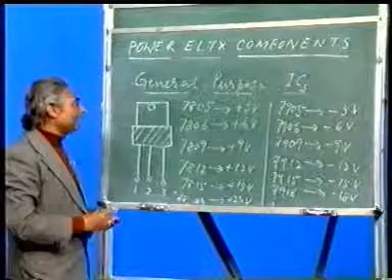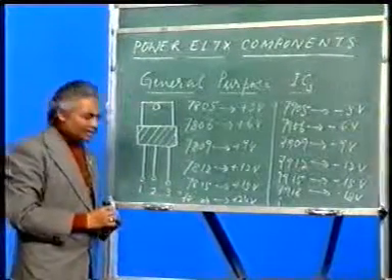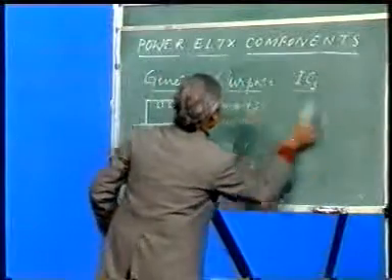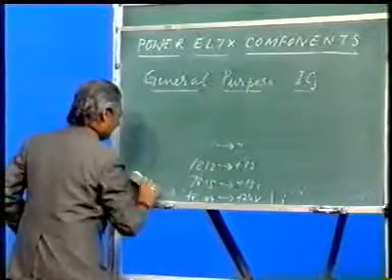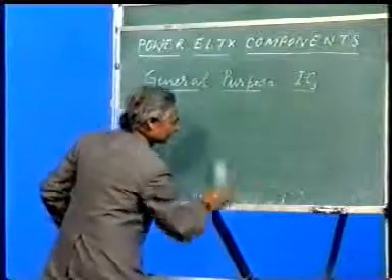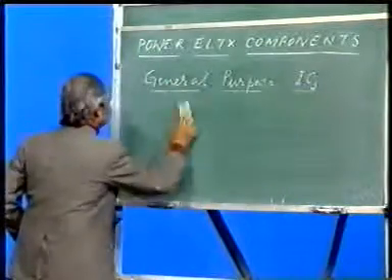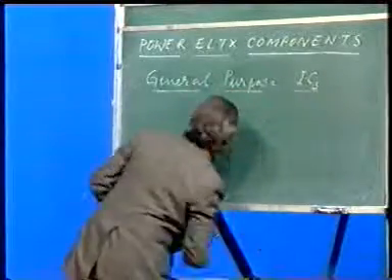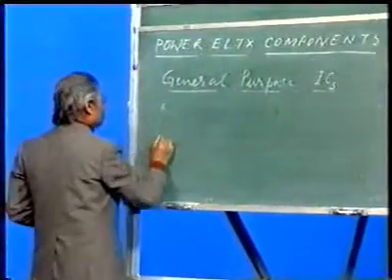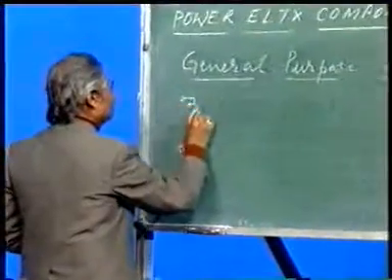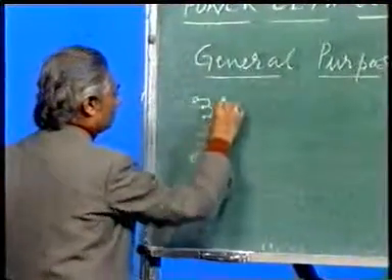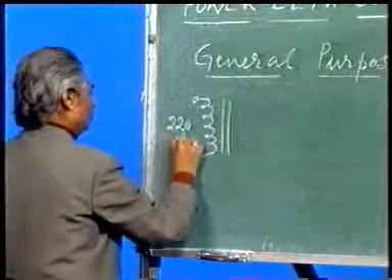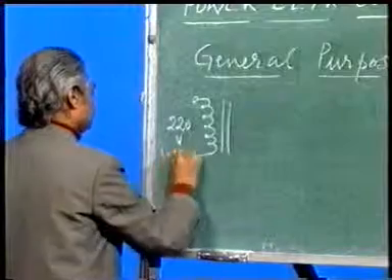So how do you generate it? There could be a very simple circuit. I will try to explain it. You see, I will have a transformer first, which has to be a step down because this is 220 volt here, single phase.